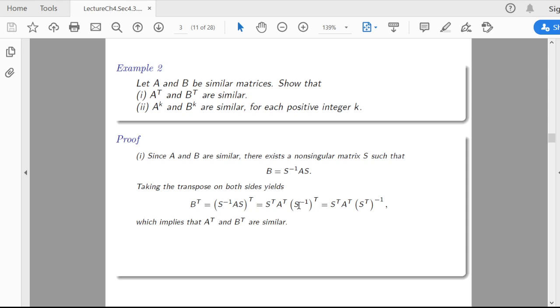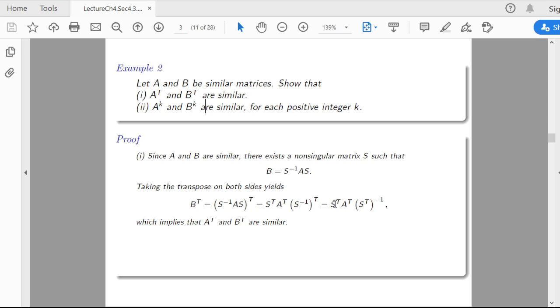Also, we need to recall a result in a previous chapter. The transpose of the inverse of S is the same as taking the transpose first and then taking the inverse. Now we have a matrix S transpose and its inverse.